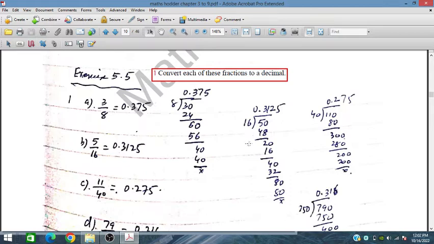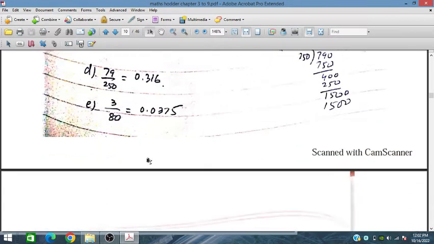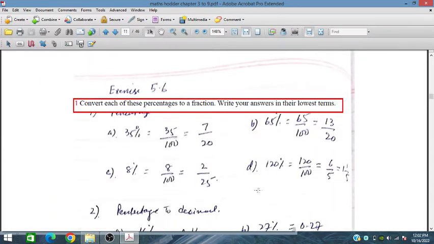So what is exercise 5.5? 3 by 8, we divide 3 by 8 and get this value. We have performed this kind of thing before. You can do it in a calculator as well. These are the numbers. 5.6, 35 percent as a fraction: 35 divided by 100 is 7 by 20, and 8 divided by 100 is 2 by 25.